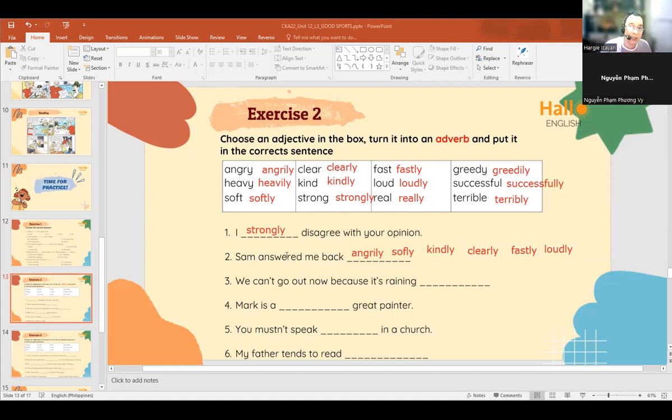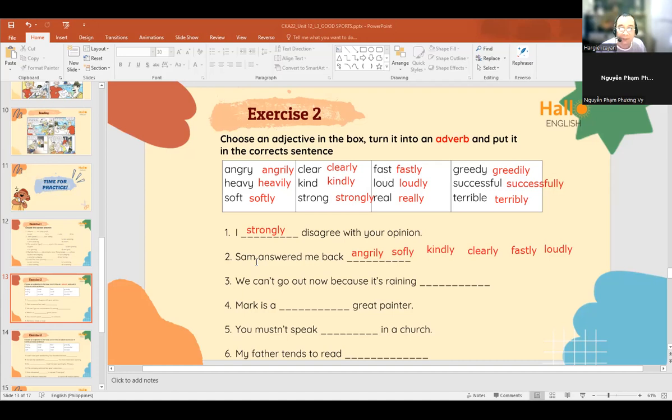Did you get the point now? So we have six adverbs that we can put in here on how Sam answered back.